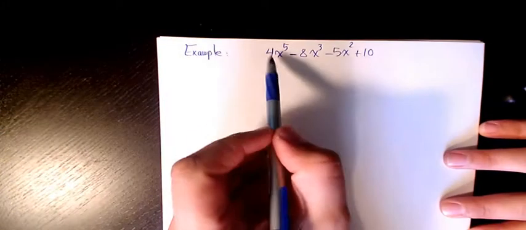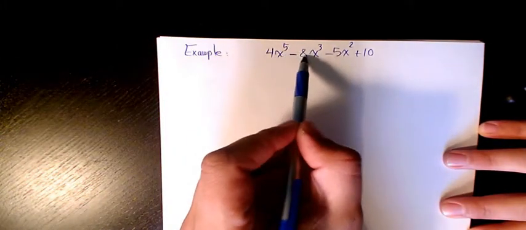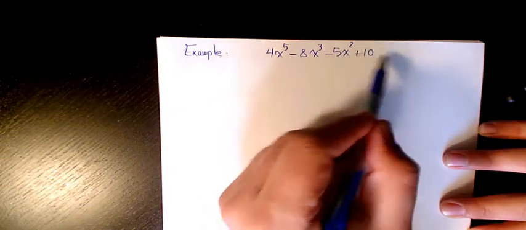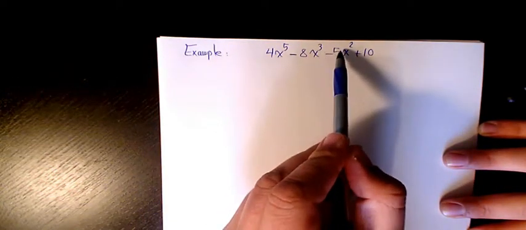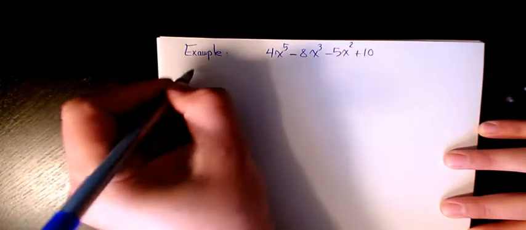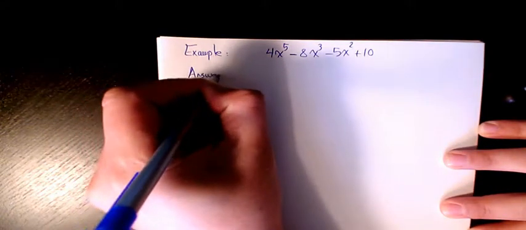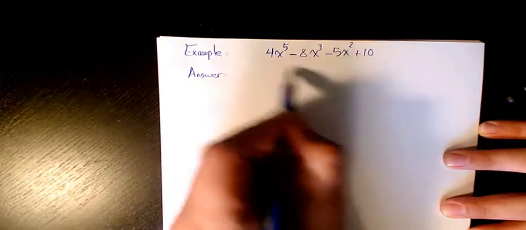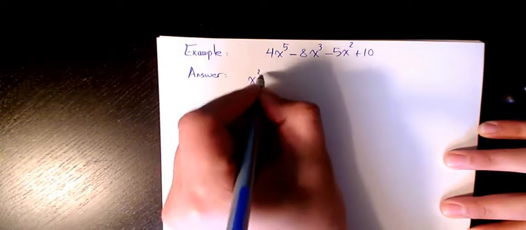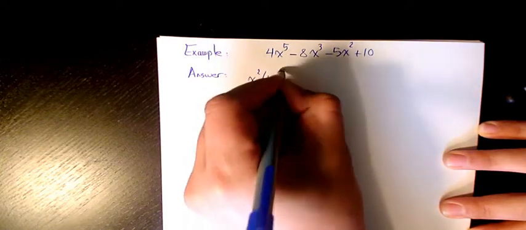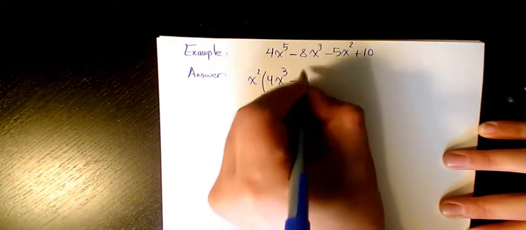So here we have 4x to the power 5 minus 8x cubed minus 5x squared plus 10. So how can I do group factoring here? Let's say these two first. I take these two and I factor x squared. It's going to be 4x cubed minus 5.